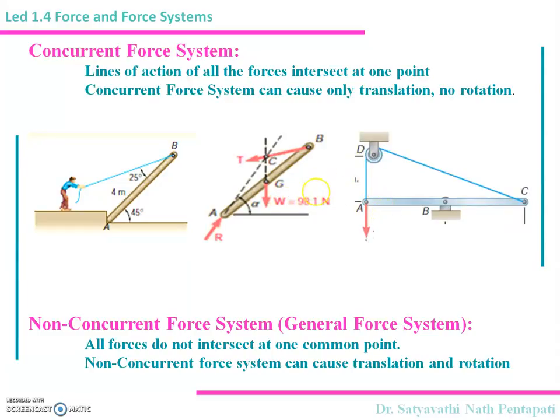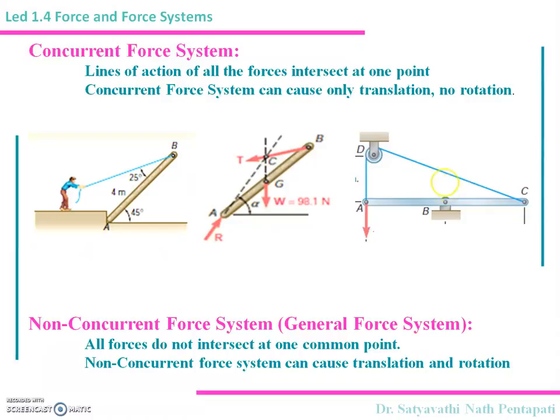So this can be called a concurrent force system. Whereas in the second example, the tension in the string is in one direction, the applied force is in another direction, and the normal reaction exerted at B is in another direction.